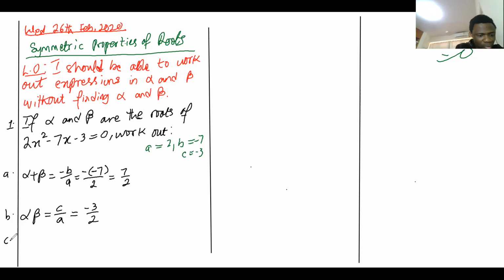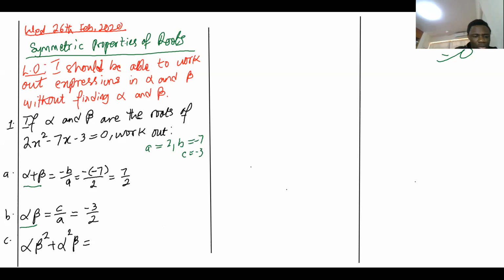The question could start from this third one, alpha beta squared, alpha squared beta. So you make sure every time you express in terms of alpha plus beta and alpha beta before you do anything, which is why this must first be found.